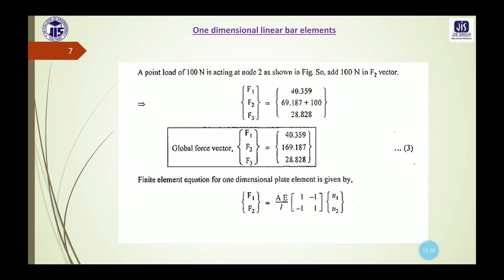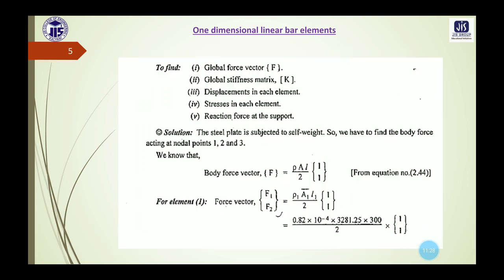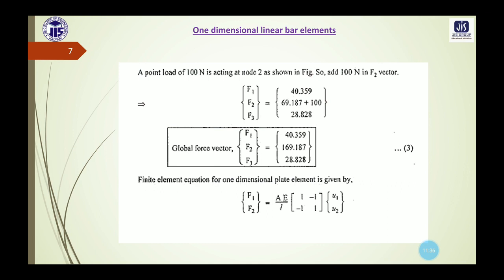This is our equation number 3 and the answer for the first part of this numerical. So we can see that for the first part we had to find the global force vector, and equation 3 is the answer.